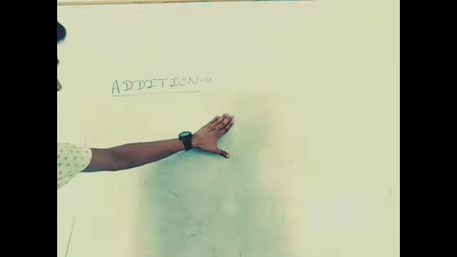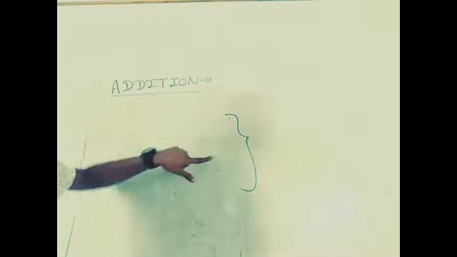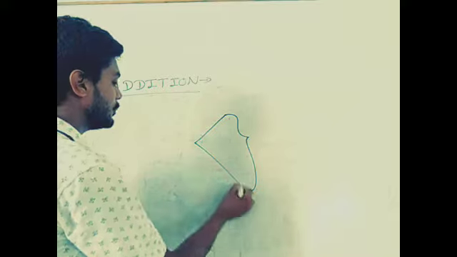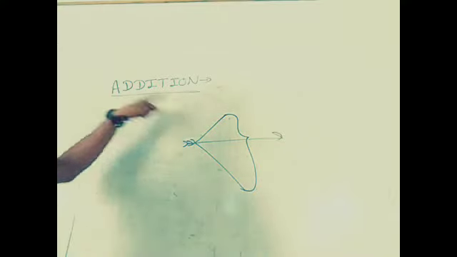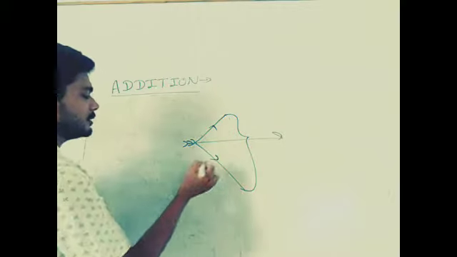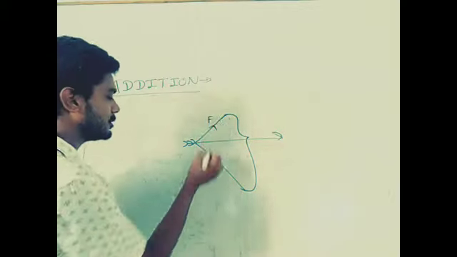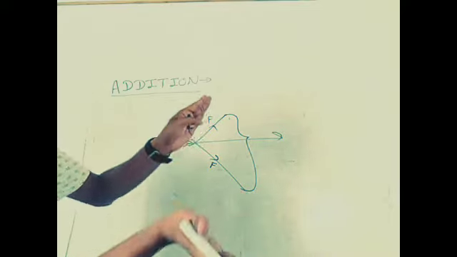Suppose we take the example of an arrow and bow. This is the string of the bow. This is the arrow. You can see here that these two strings, which are under stress, are applying the force F in two different directions. But you can see the effect.